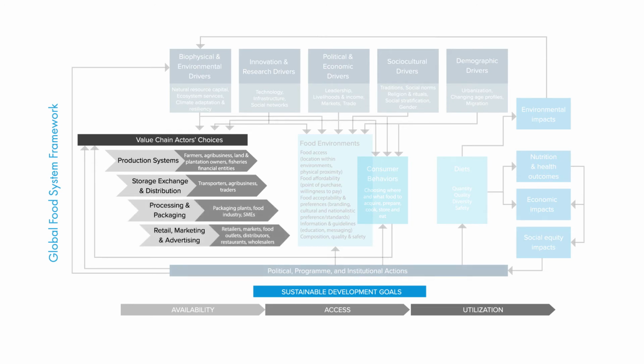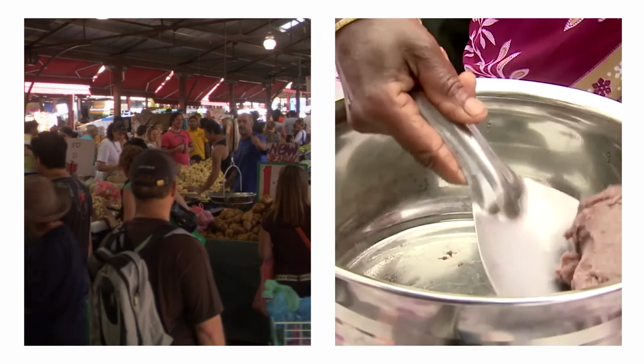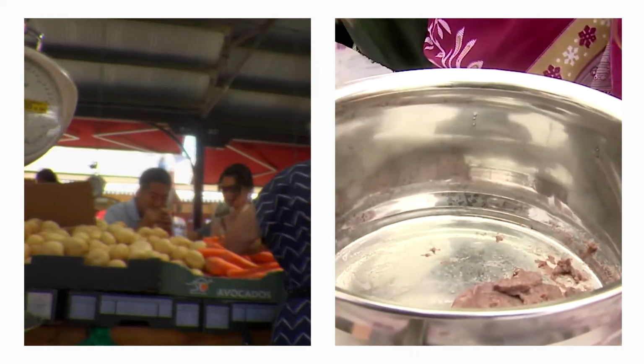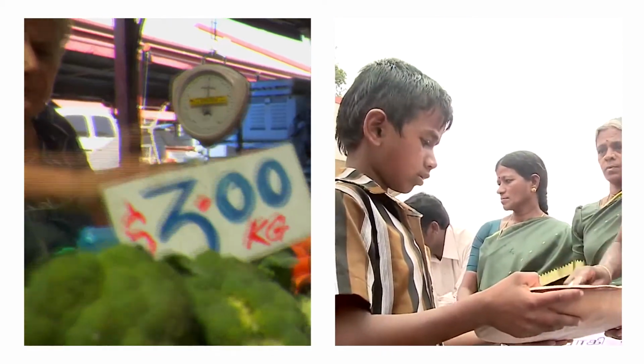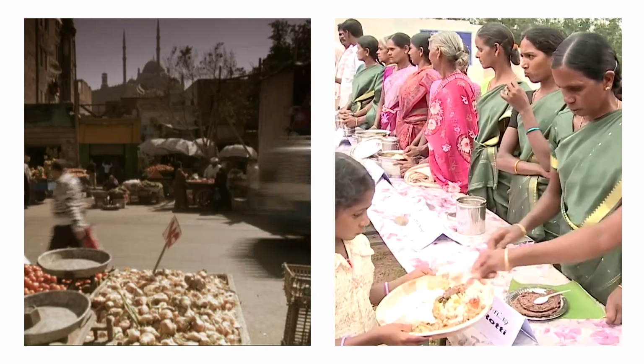So food is produced, it's stored, it's distributed to different places, it's processed and packaged, and then it hits retail and markets.